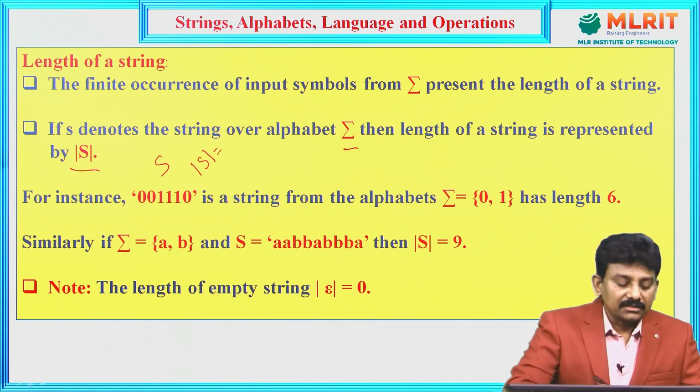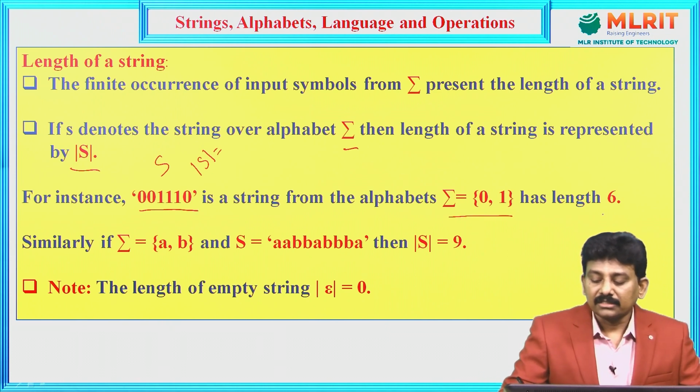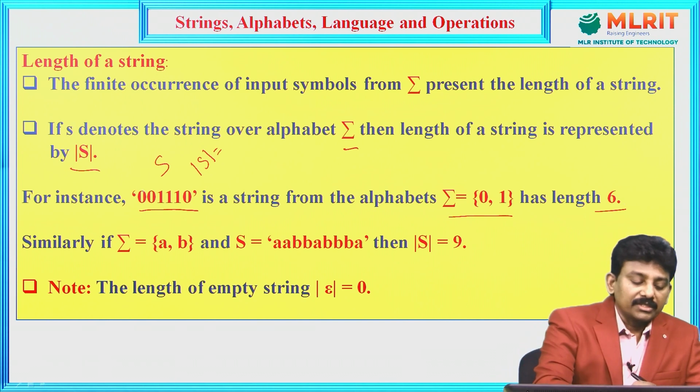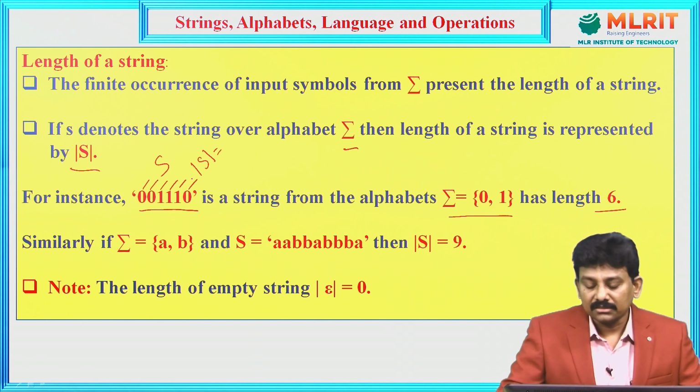For instance, 001110 is a string from the alphabet sigma is equal to 0, 1, and has length 6. Length 6 means 6 occurrences of symbols: 1, 2, 3, 4, 5, 6, that is, length is 6.